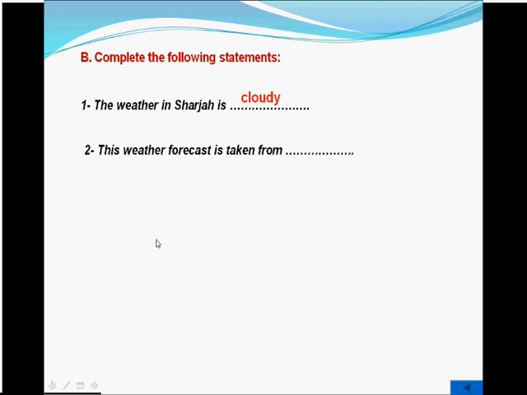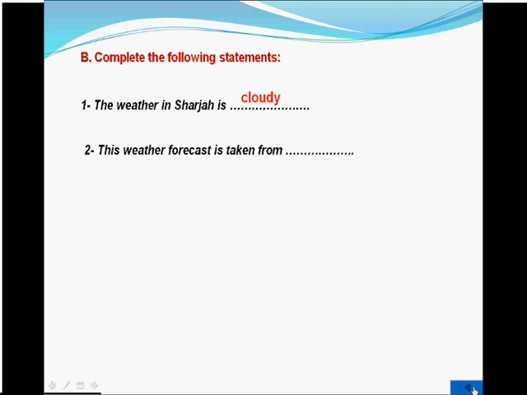Number 2, this weather forecast is taken from, and what is meant by the word forecast? I'll give you just half of a minute to think. So when we say weather forecast, it means that it's whatever we read to know more about the temperatures of the weather, and the weather type.